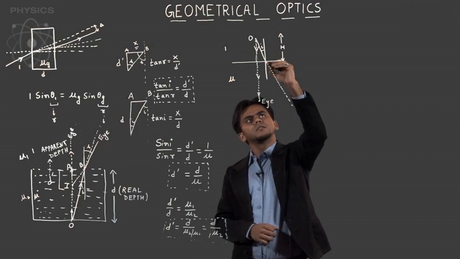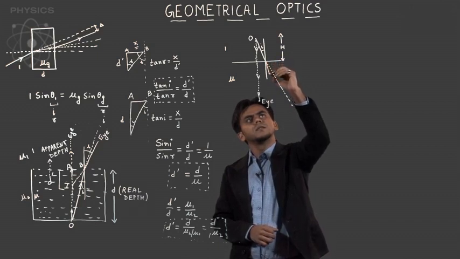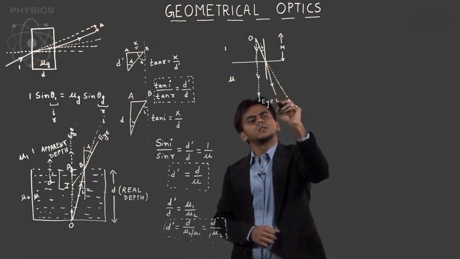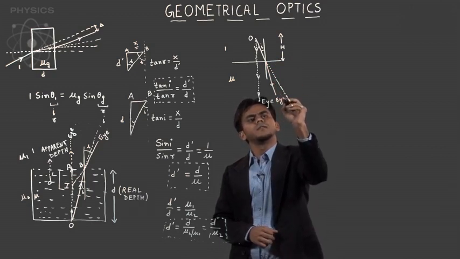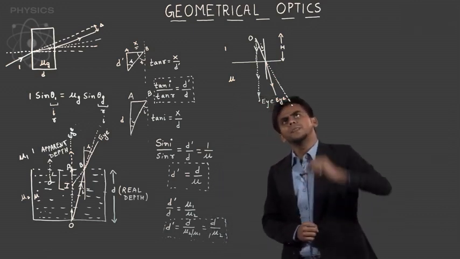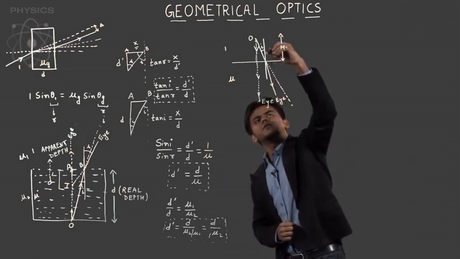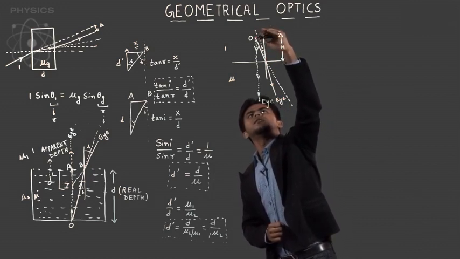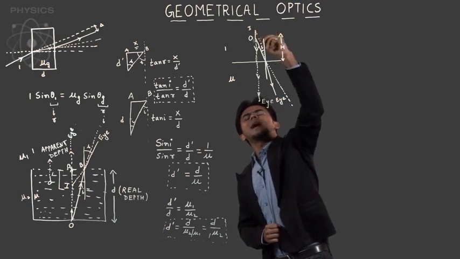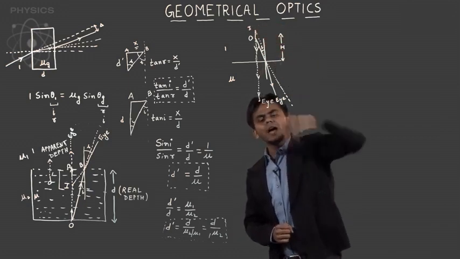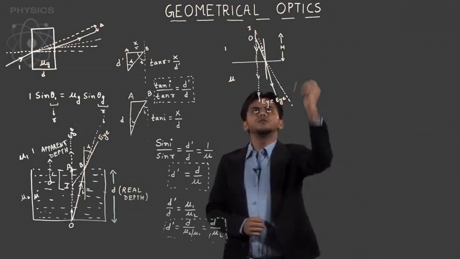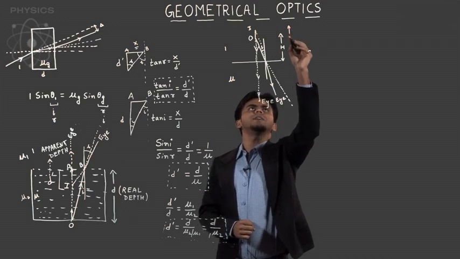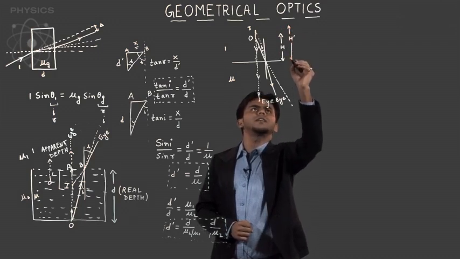It would shift like this. And this is your new position of the eye. So your eye would see that this ray is coming from behind, produce it backward. Naturally, this image would be somewhat above the actual object, which means I have a situation of apparent height greater than the real height.